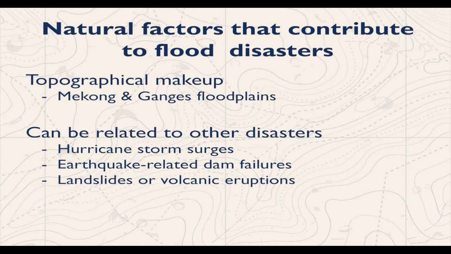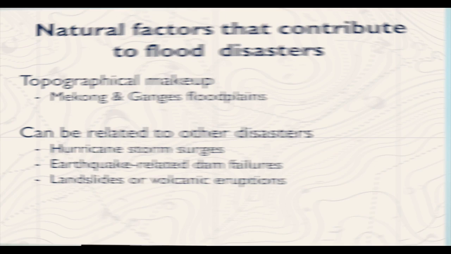I also want to share with you now the natural factors that contribute to these flood disasters, and I've already alluded to one of them, the topographical makeup of the land itself. So we know, for example, that the Mekong River floodplain and the Ganges River as well, these deltas really make it much more flood prone. Once again, it's a large river that when it comes down to the coastline, it splits into small different tributaries that then go to the coastline.